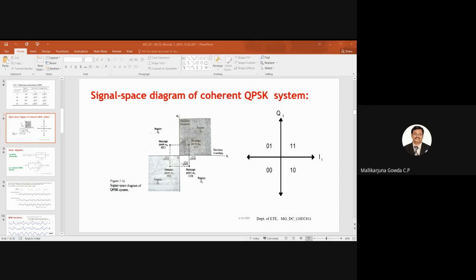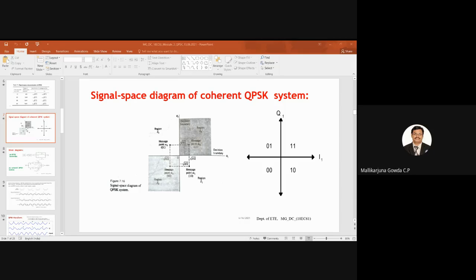This is only one change. I am reading this as 1 0. 1 0 means the phase shift will be 135 degree, that is 3 pi by 4. This is 0, 1. 0, 1 means the phase shift will be 7 pi by 4, which is 315 degree. So with this clarity, there is no doubt in 1, 1 and 0, 0, because 1, 1 is the same whether you read from right to left or left to right. So it is 45 degree, right?